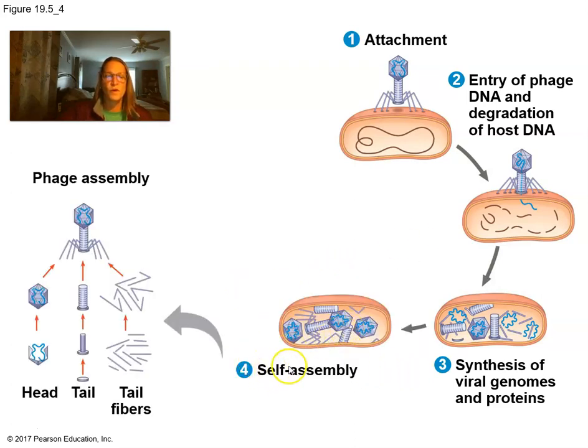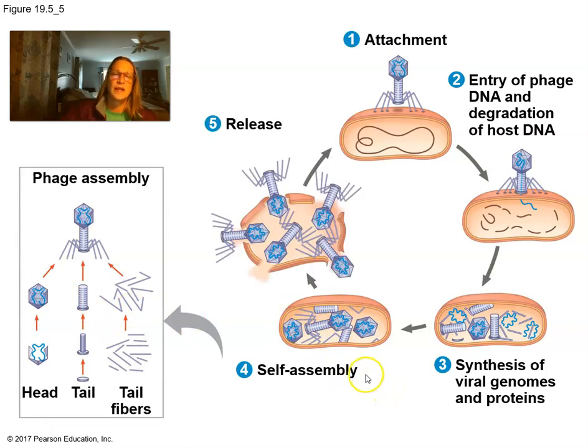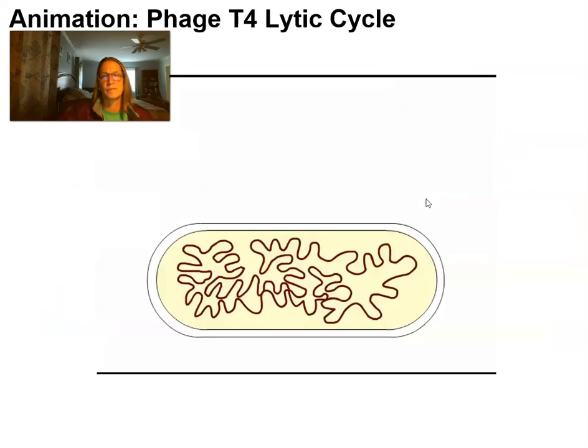And once those are formed, the bacteria doesn't need to do anything else because the phages, the viruses, self-assemble within the bacterial cell. Once they're all assembled, the viruses break through the cell membrane and destroy the cell through lysis. They are released, and then they go on to infect other bacteria.